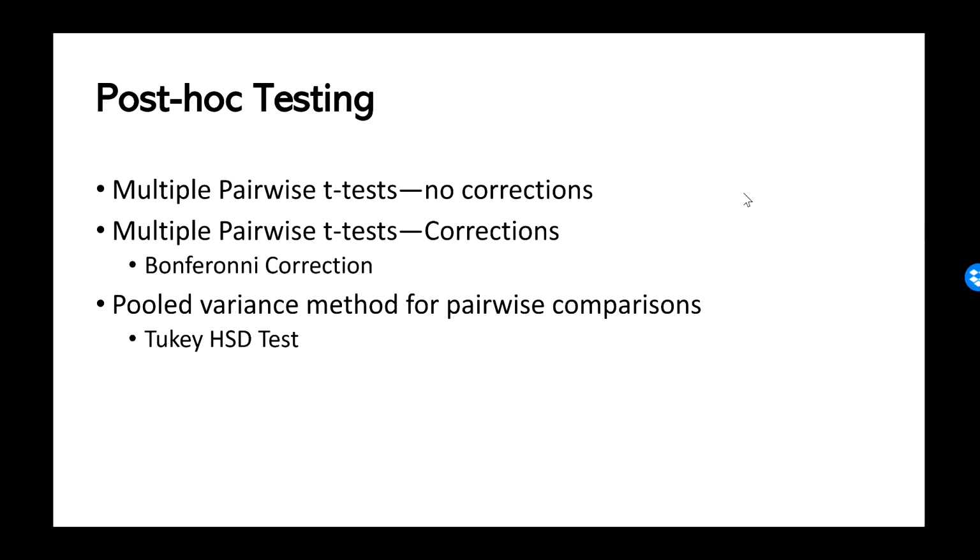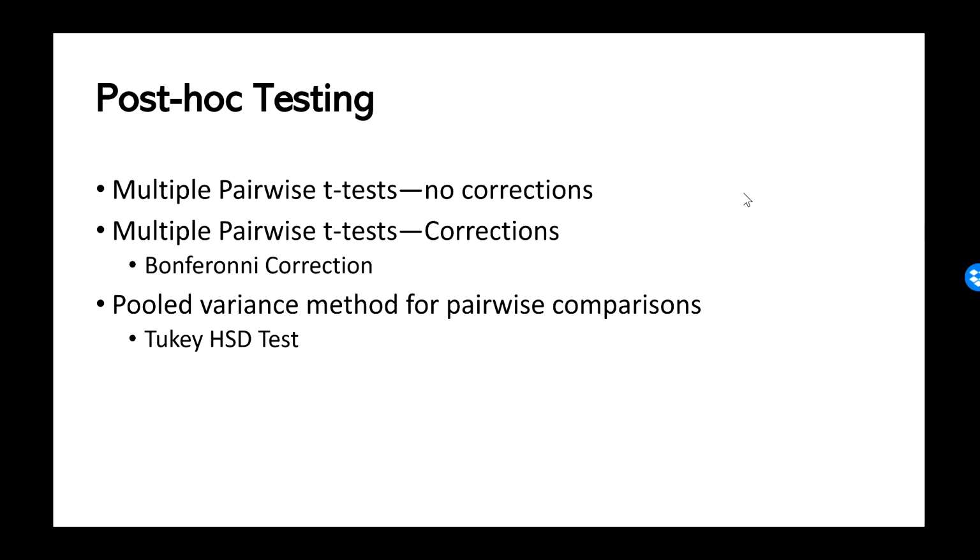So a second option then is to do multiple pairwise t-tests but with corrections. The Bonferroni correction would be one option, where you could either deflate your significance level or inflate the p-values that you're producing. But either way, you're just adjusting the p-value according to how many groups you're comparing.